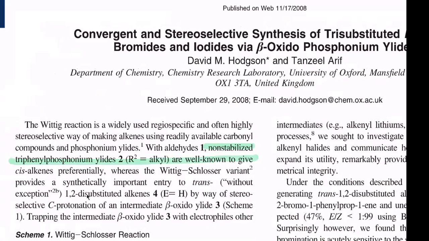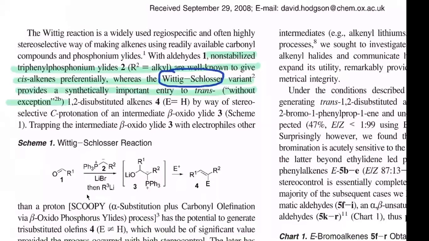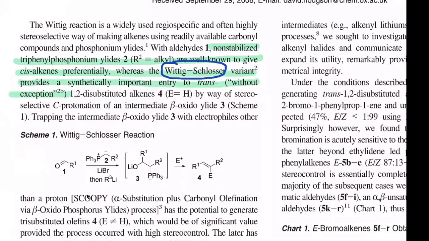So they were trying to come up with a new method that would control that stereochemistry and produce mainly E isomers. And I believe there was some method that already existed. Yeah, the Schlosser method. Right, the Wittig-Schlosser method using 1,2-diiodoethane with the beta-oxido ylide. I believe they also used that method, and those results are shown in chart one.